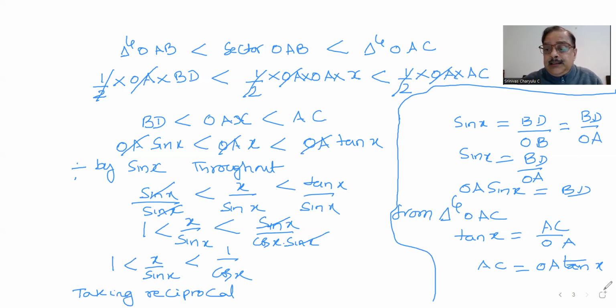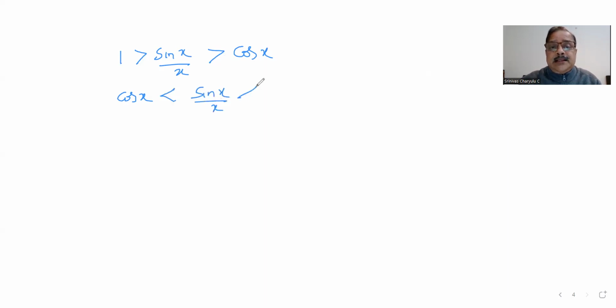So remember that. So first, 1 greater than sin X by X greater than cos X. This is what we are having. Let us say I will write this the other way around. Then what happens from this side? Sin X by X greater than cos X means cos X is less than sin X by X. This is less than further.